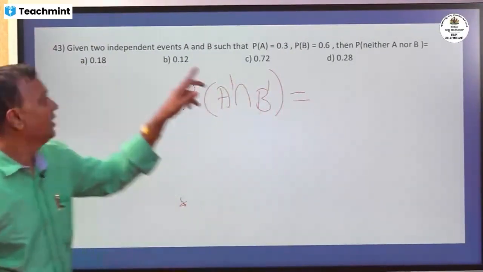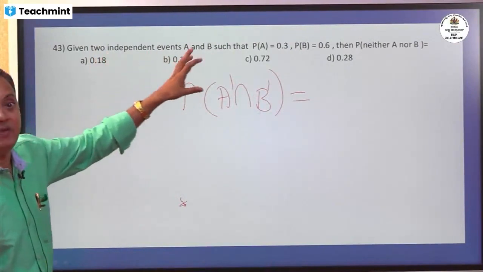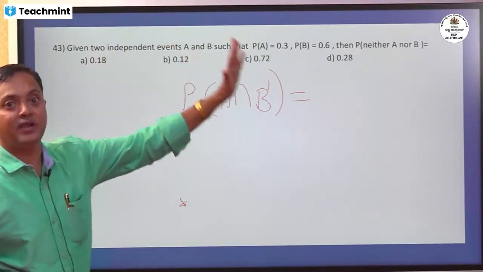Now here, what have they said? A and B are two independent events.